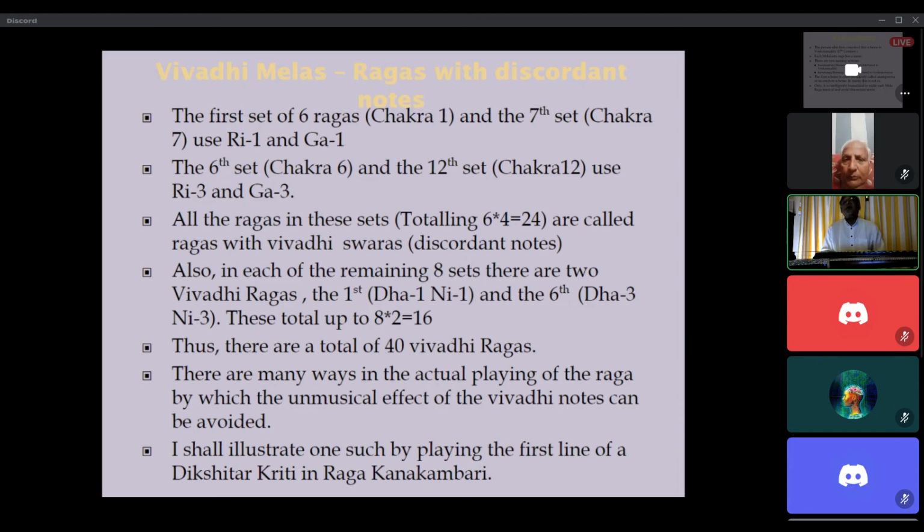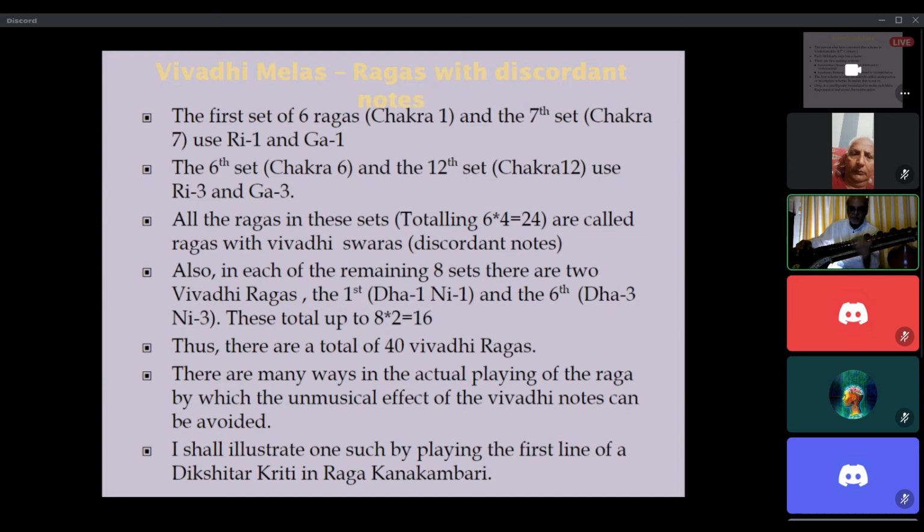So there we have a total of 24, 6 into 4, 24 ragas which have Vivadi swaras or discordant notes. In addition to this, in every single set, you also have the first raga and the last raga as discordant because the Pa Da Ni Sa part of it makes them discordant.